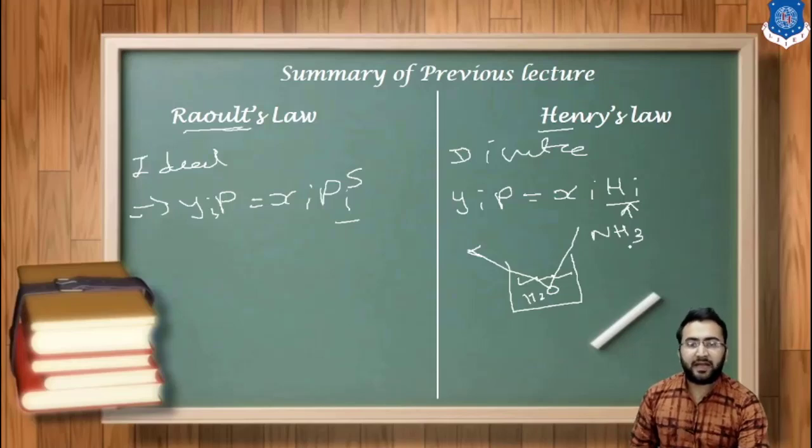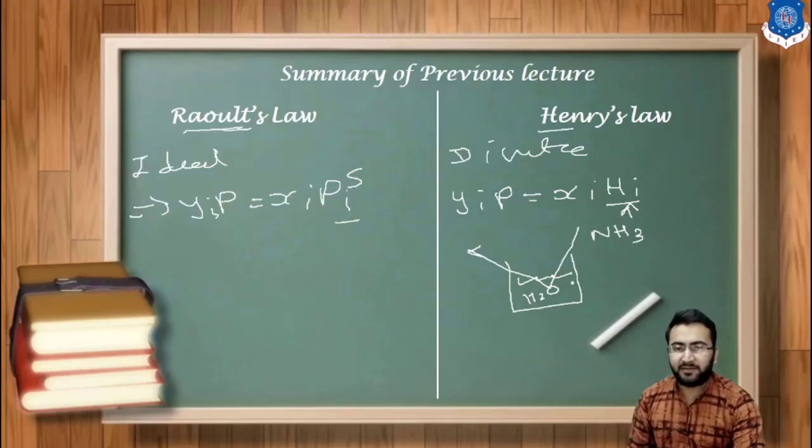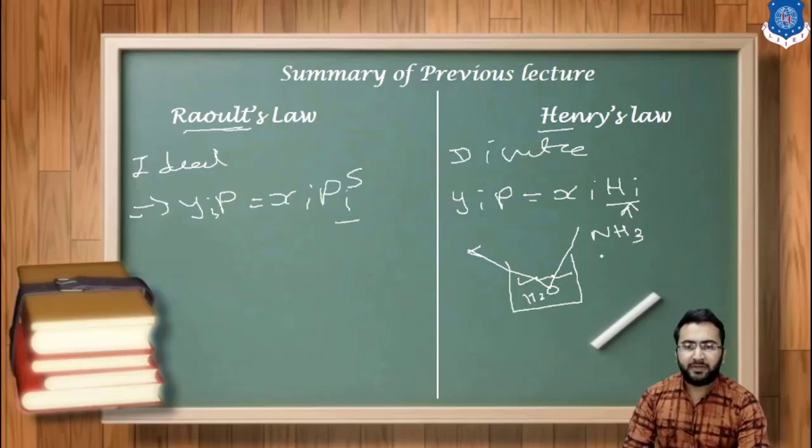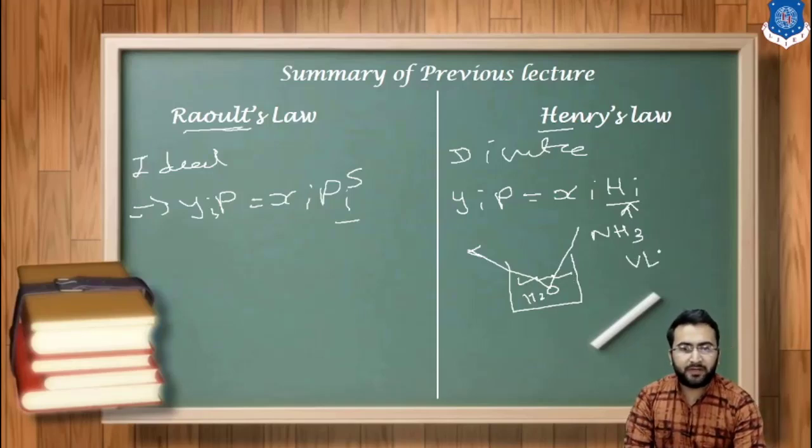But if NH3 is absorbed in H2O, the components will be dissimilar. So if we want to calculate vapor liquid equilibrium data for this type of system, we cannot apply Raoult's law. We have to go for Henry's law, where we use the Henry's constant for the particular component.